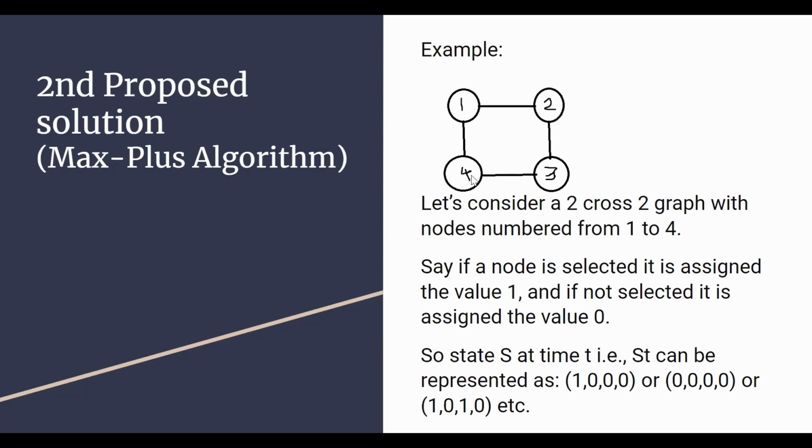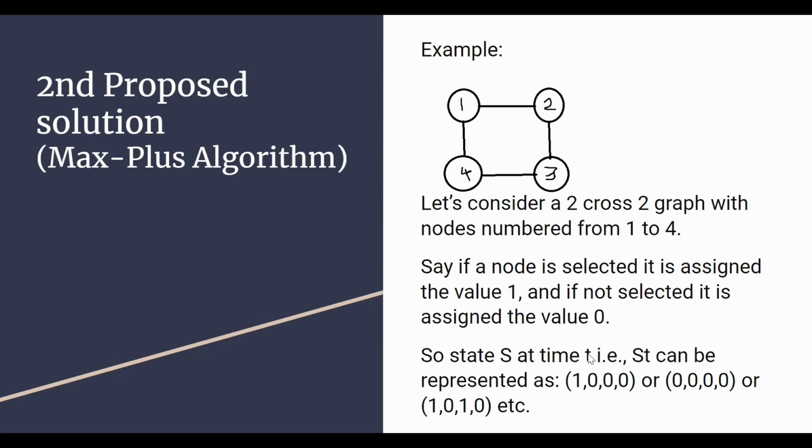So what I am saying is that our state S at time t, that is st, can be represented as a number assigned to node 1, number assigned to node 2, number assigned to node 3, and number assigned to node 4.